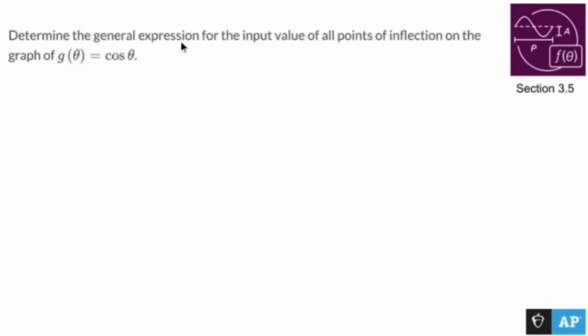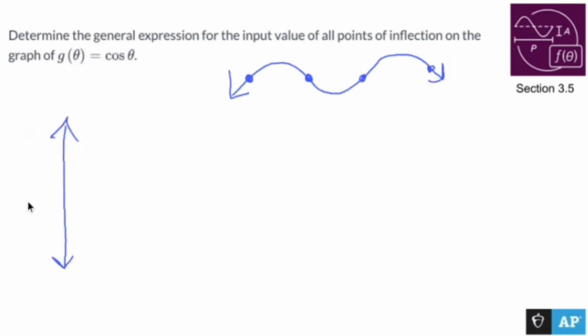Determine the general expression for the input value of all points of inflection of the graph g of theta equals cos theta. If you don't remember what a point of inflection, or an inflection point is, wherever your graph changes concavity is when you have an inflection point. Okay, so let's graph cosine.